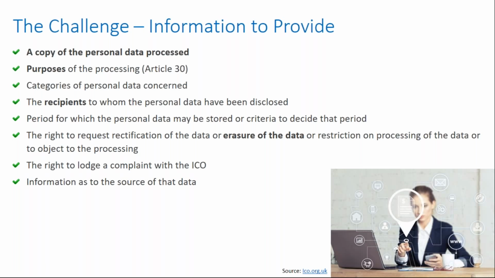All of this needs to be included in one single document. You first of all need to make sure that you find all the information, and then you need to find a way to compile this without too much individual manual work.